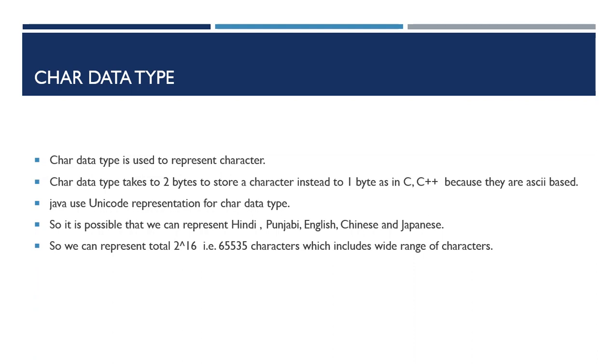This is the only reason it takes 2 bytes to store a character, because now we have 16 bits to store the characters. But in Java, the first 256 characters are ASCII characters. After the 256, all other characters are considered Unicode characters.